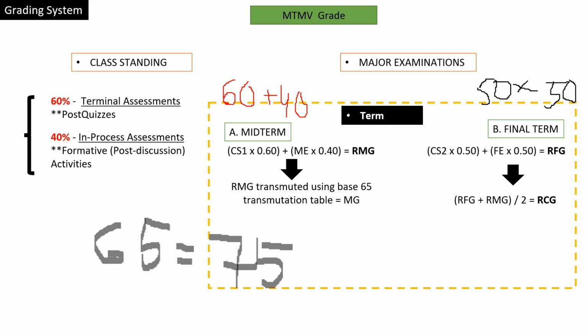So, basically, kung mababa yung makukuha nyo sa midterm, pwede nyo siyang mahila gamit yung final grade. Or kung mataas naman yung raw midterm grade nyo, pwede rin siyang mahila pababa ng raw final grade. Kasi nga, ganito yung magiging final na computation ng raw combined grade.